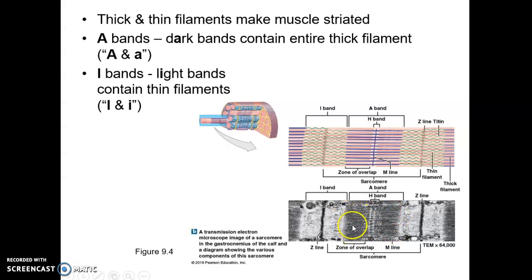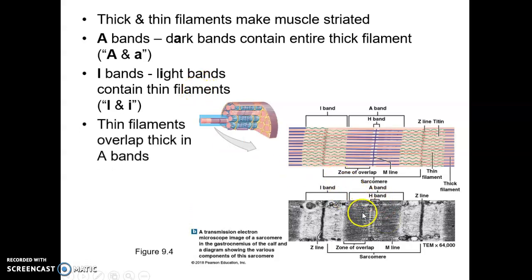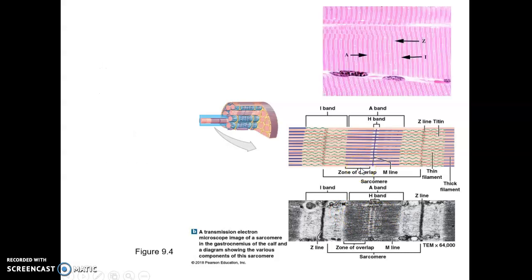Now it will also have some thin filaments depending on the amount of overlap, but that simply adds to the darkness of the A band. So the thin filaments overlap thick filaments in the A band. How much depends on the degree of contraction.